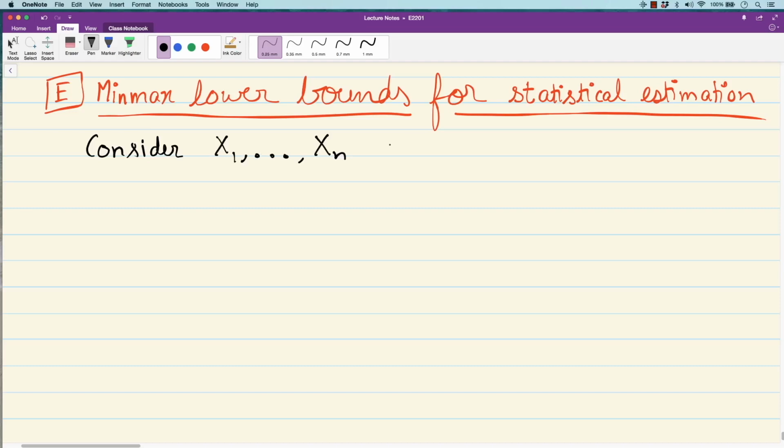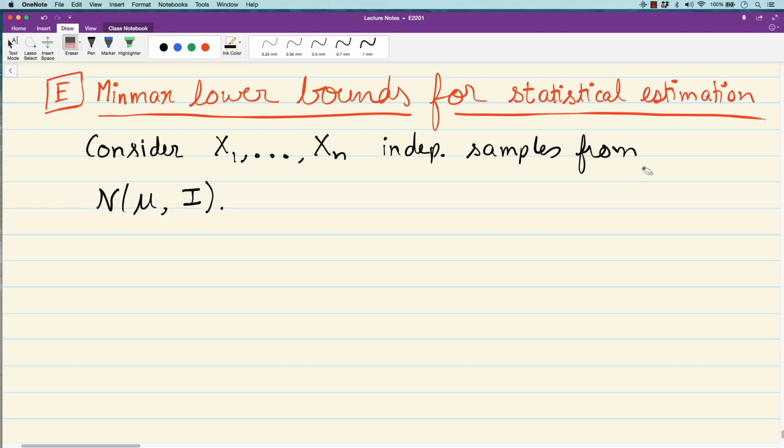These are IID copies, so these are independent samples from the same distribution, from a Gaussian distribution with mean mu and covariance matrix I.